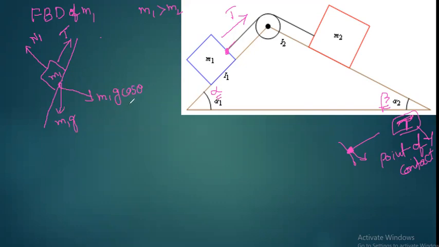And what about M1G sin theta, where is it acting? Along the surface, together with tension, this also acts like this. M1G sin theta. Got it? So for which angle is this? For alpha.